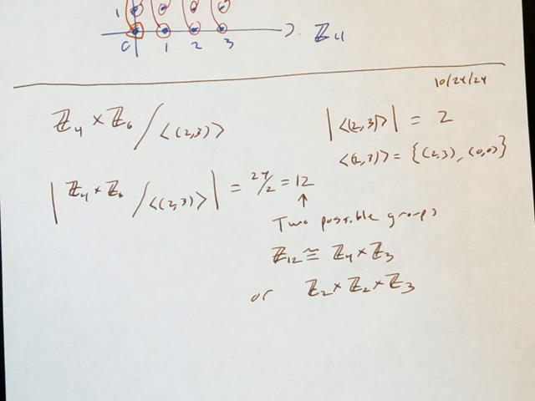The bottom group has only elements of order 2, 3, and 6. It has no element of order 4. Because the Klein 4 group only has elements of order 2. E, A, B, and C are my subgroups of size 2. There is no single element that generates the whole Klein 4.